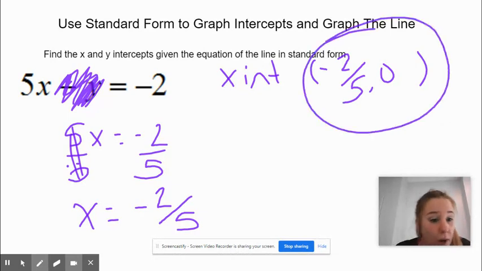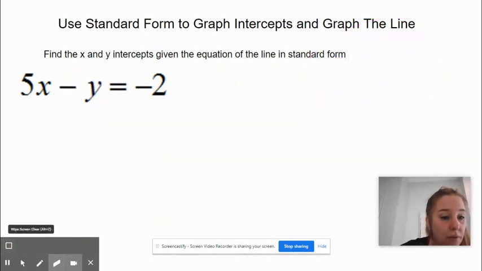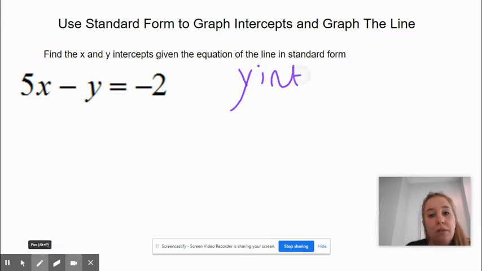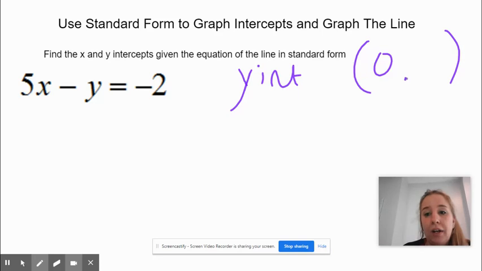Let's take a look at our y-intercept. So again, our y-intercept, that is where x is equal to 0, and we're going to solve for y. Now, if x equals 0, we would be plugging in a 0 for this x, right? What's 5 times 0? It's nothing. It's gone. You can kind of skip steps with all these zeros, which is nice. So now we have negative y equals negative 2.